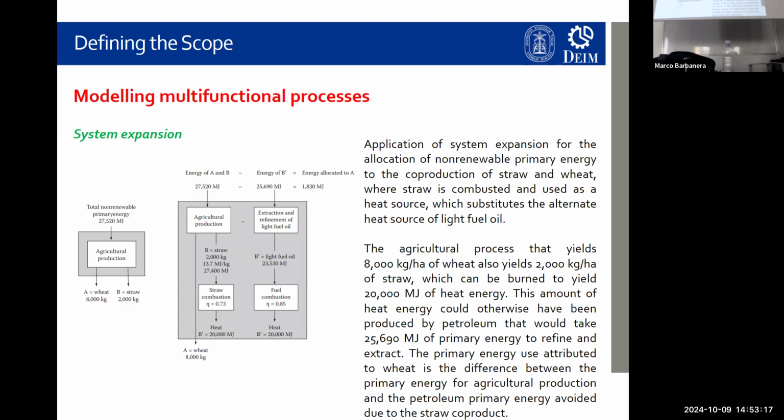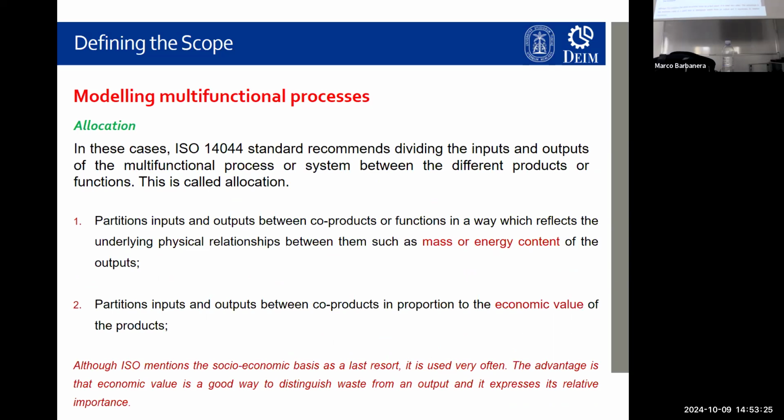This is one option to apply the allocation procedure. But according to the ISO standard, we have the possibility to calculate this percentage of impact not considering the mass of the products, but considering, for example, the economic value of the products.